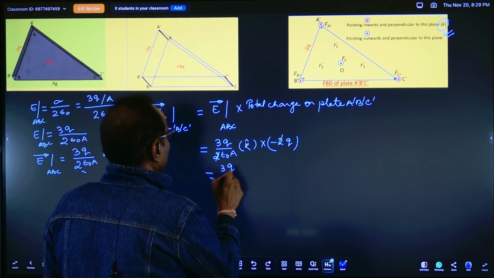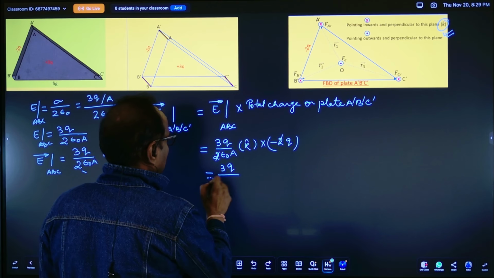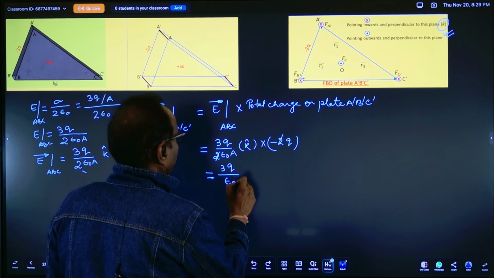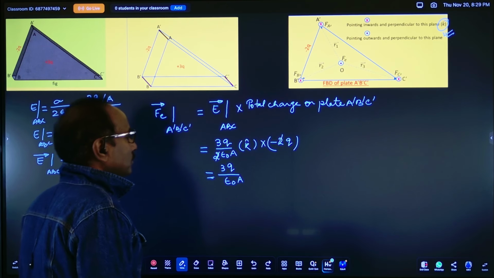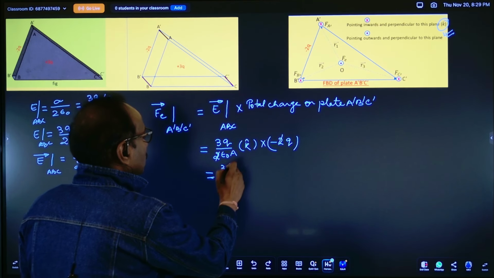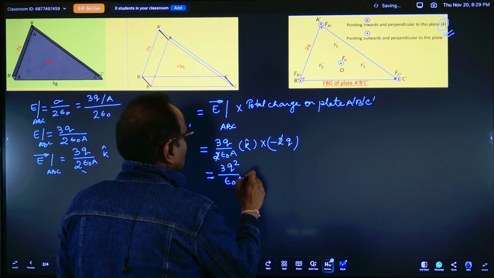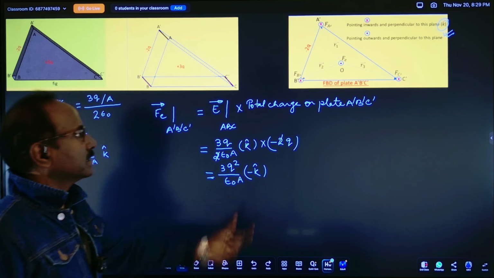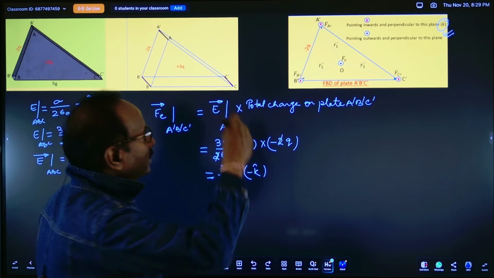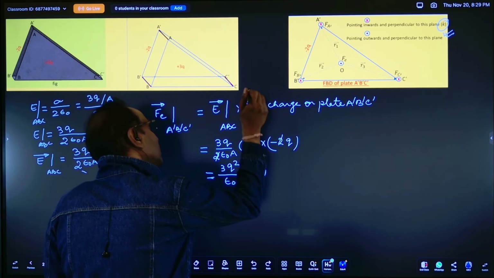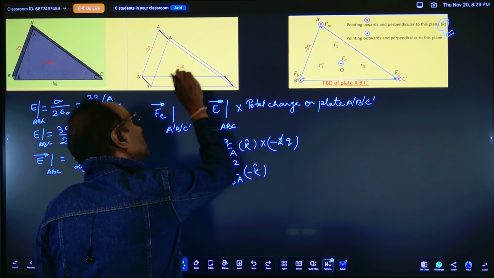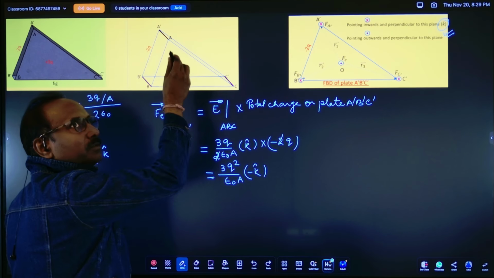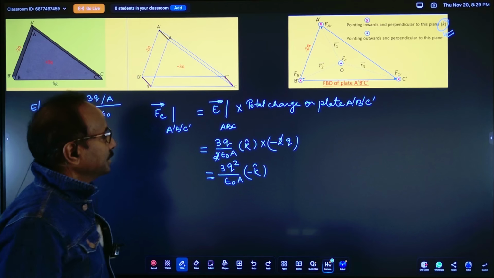So you get the electrostatic force as minus k cap. Our positive k cap is into this plane, so minus k cap will be out of this plane and perpendicular to it.